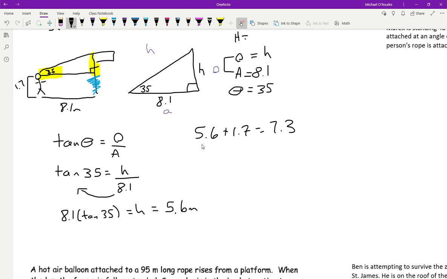Okay? Perfect. So therefore, we write a therefore statement then of therefore the height of the pole is 7.3 meters. Good.